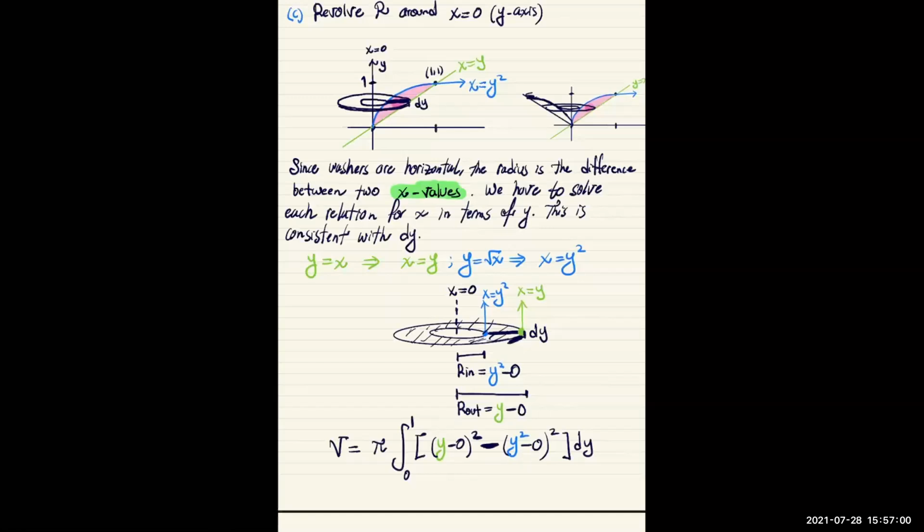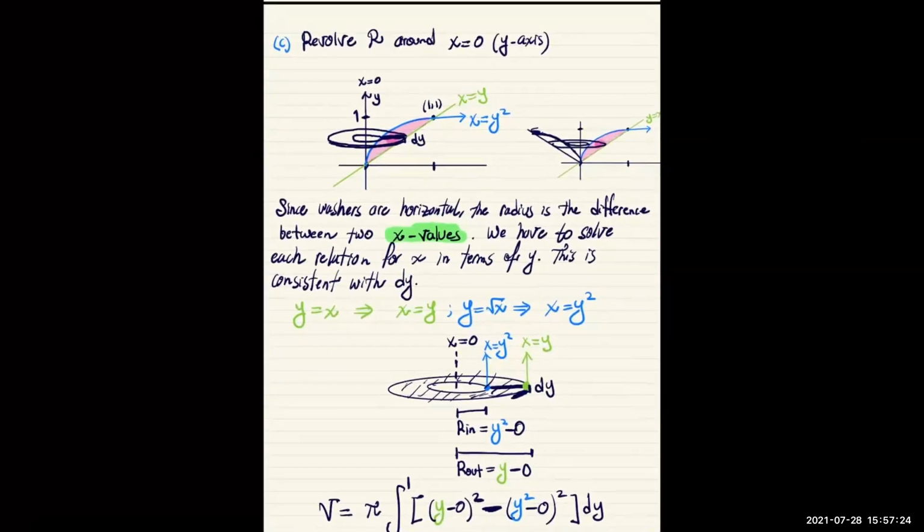So is there a remedy to that? We just don't want to do integration with respect to y, because that requires us to express these in terms of y. When you use the washer method, the washer is horizontal.